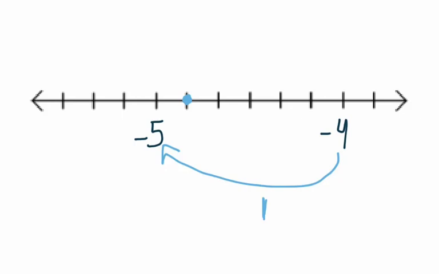The next thing I want to think about is how many sections to our graph do we have to get from -4 to -5? So let's count them together. 1, 2, 3, 4, 5, 6, okay? So that means I want to take this 1 and I'm going to divide it by 6, which means each section of our graph is worth 1/6.